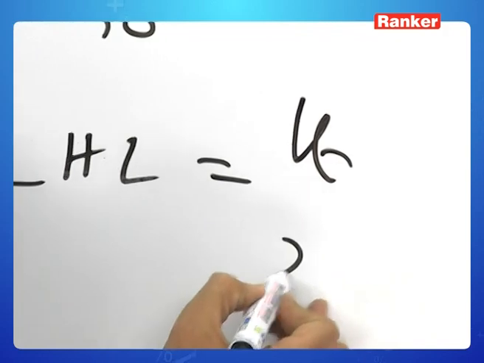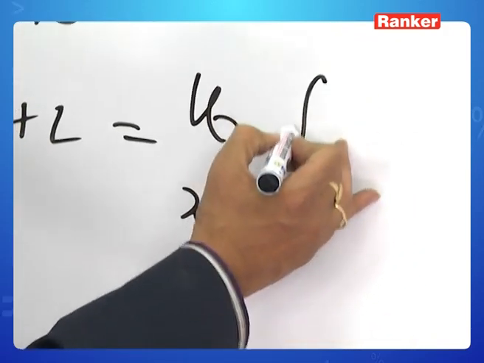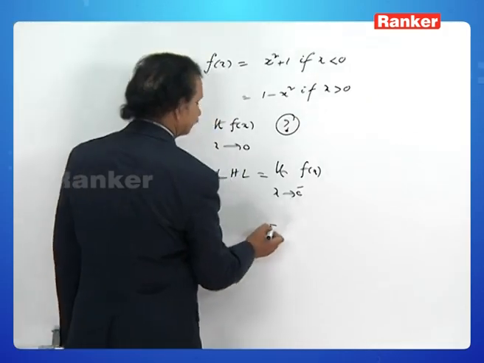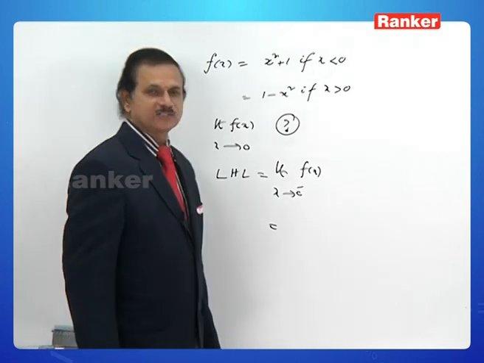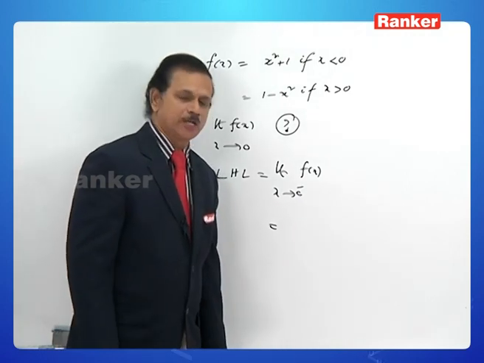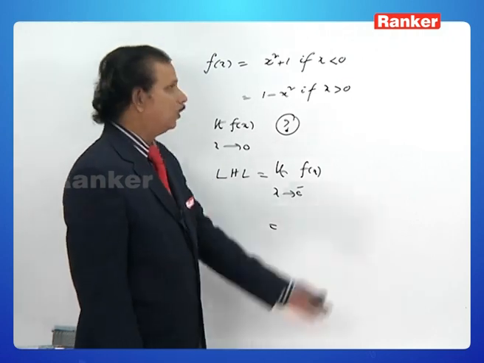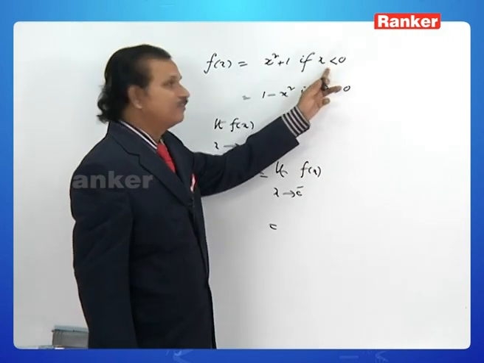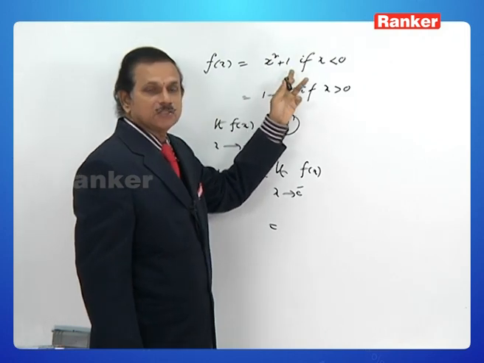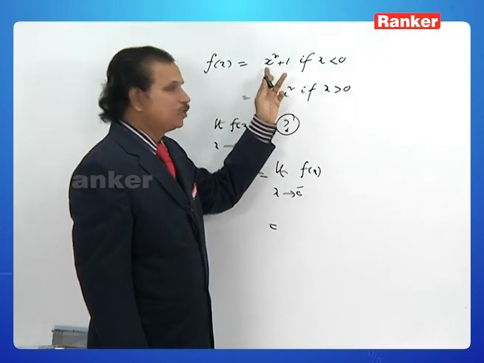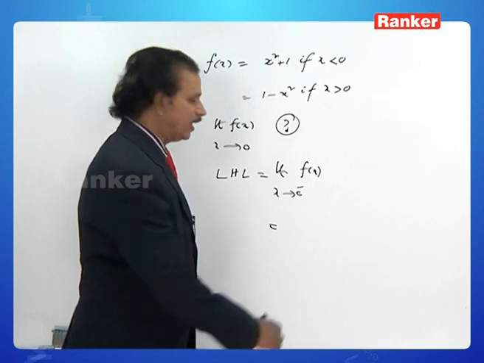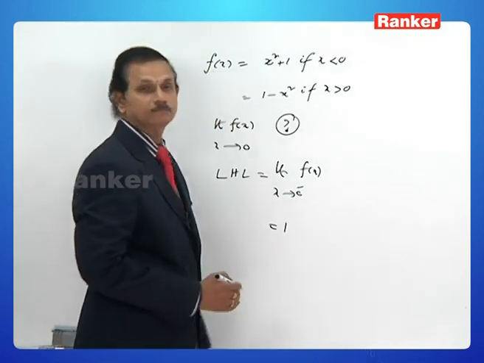Limit as x tends to 0 from left of f of x. Where does x lie? To the left of 0. That is less than 0 or greater than 0? Less than 0. If x is less than 0, what is the definition of f of x? x square plus 1. As x tends to 0, this tends to 0 square plus 1, that is 1.